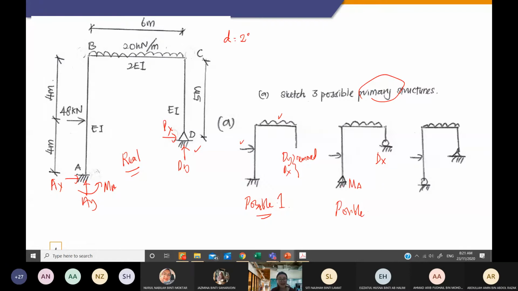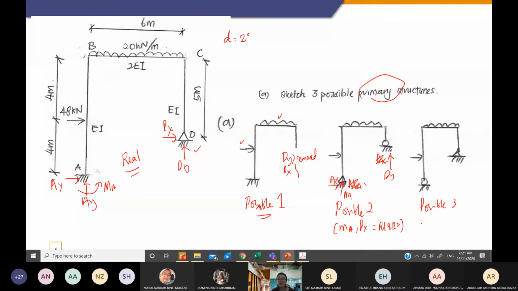Again, if you are not familiar, just write. I still have AX and AY, but we don't have any MA. And we have DY here. So MA and DX are the redundants. Okay, 1 and 2. So possible number 3. This is also pin and roller.